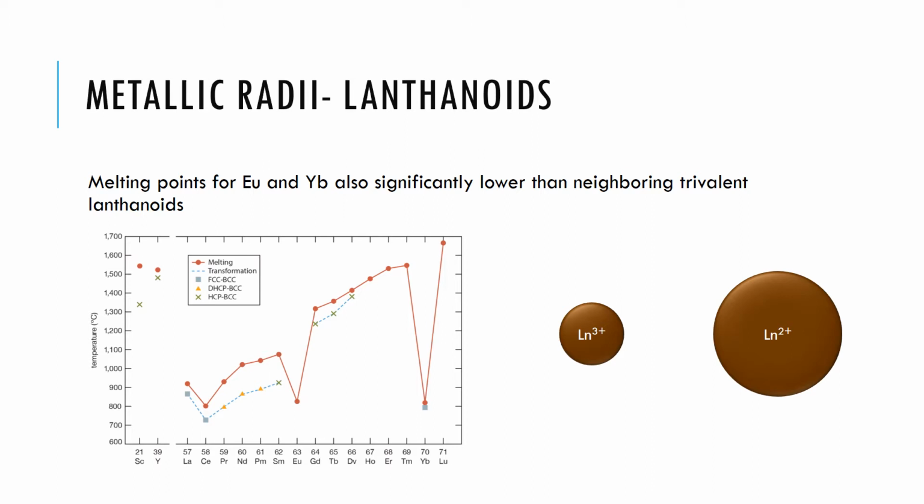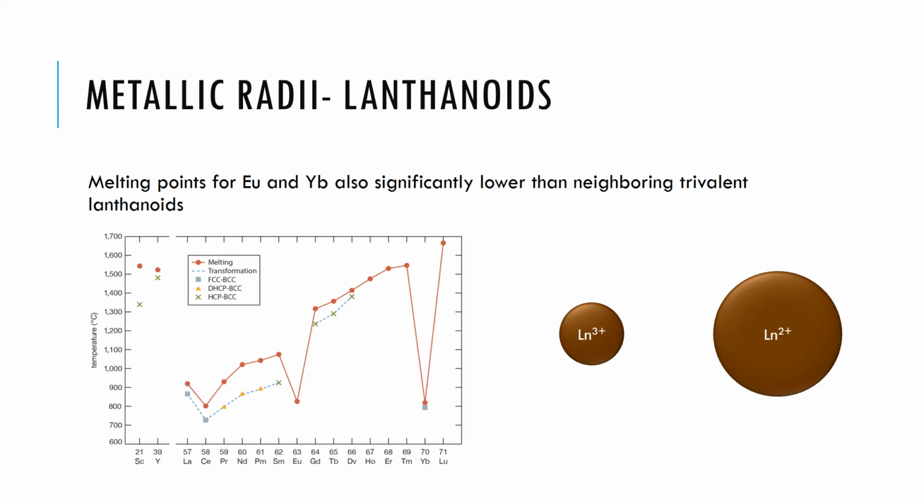Their metallic radii are larger. Therefore, in our simple model of metallic bonding, they sit farther apart, and they sit farther apart from the sea of delocalized electrons, and the bonds that hold the metal together are weaker. So that explains why europium and ytterbium have lower melting points.